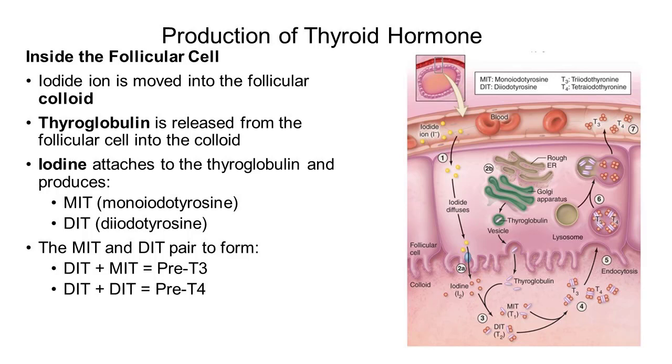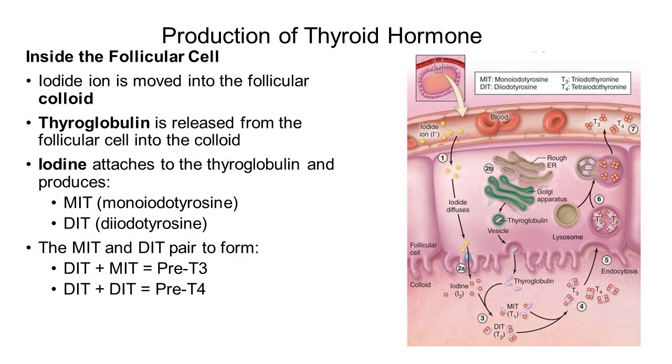Okay. Now, what molecule did I say was in the colloid? It was what kind of rich? Protein rich. The protein is called thyroglobulin. It's a big, long chain of proteins that have a lot of one of our favorite amino acids, tyrosine, on it.